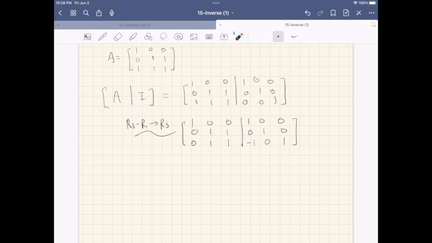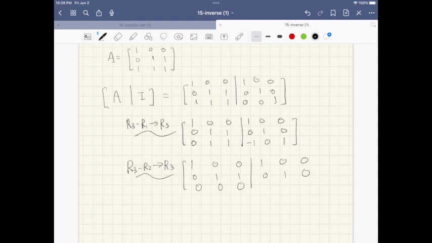This will be killed by doing R3 minus R2. So we just copy the first two rows, and the third row has to be 0, 0, 0, with negative 1, negative 1, and 1.